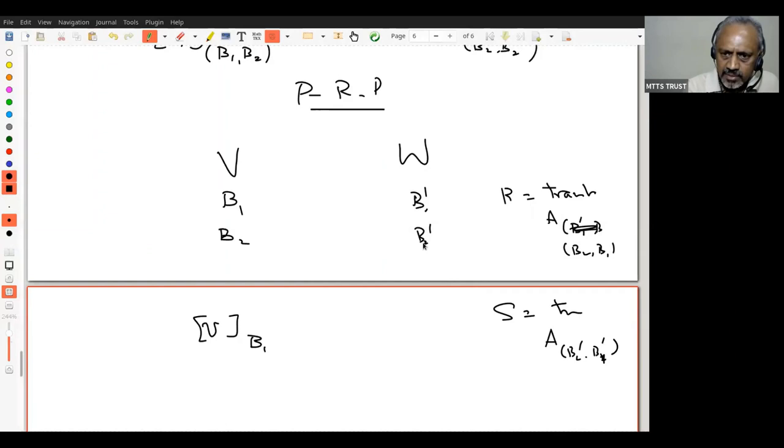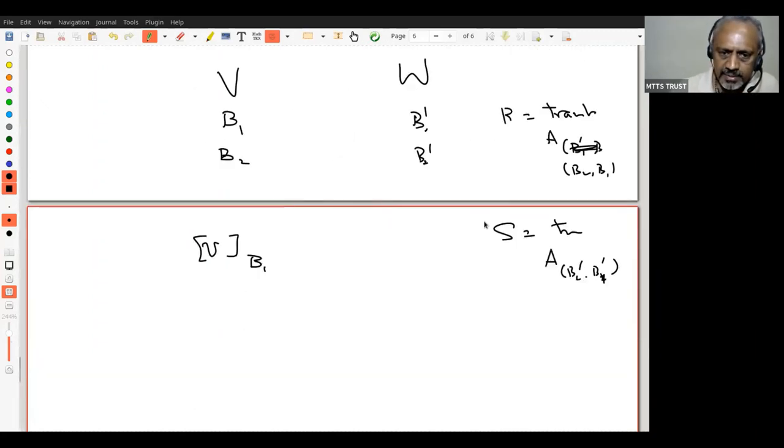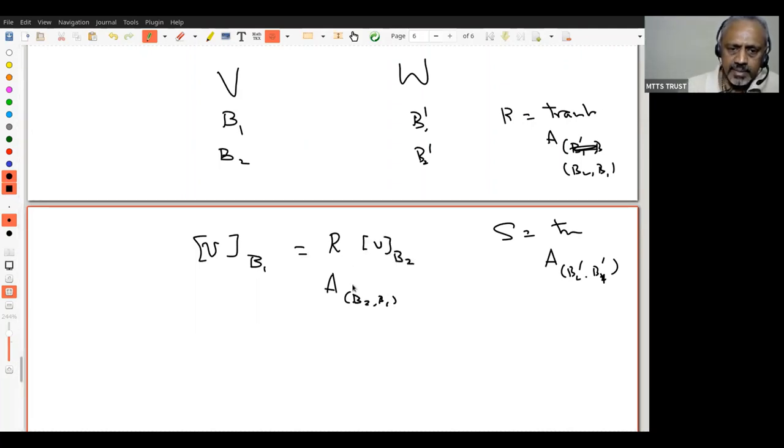I may get confused with this, so just to make sure that I am following it properly, B1 and B2. Remember, as I said earlier, for V and V dash, what did we find? Anyway, I am going to write it. So this we wrote as the transition matrix A from B to B1. This is the transition matrix of V into B2. Do you remember that?